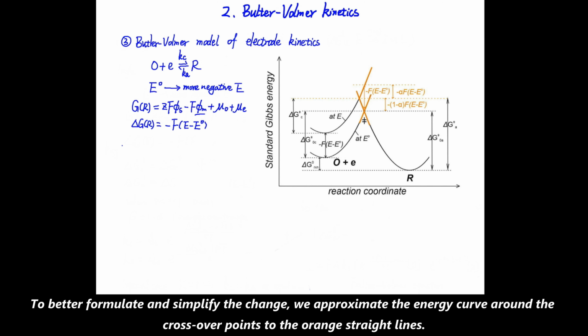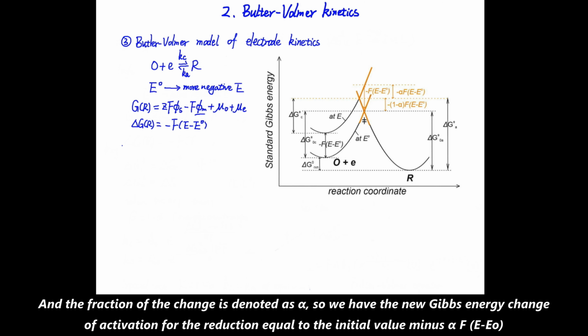To better formulate and simplify the change, we approximate the energy curves around the crossover points to the orange straight lines, and the fraction of the change is denoted as alpha. So we have the new standard Gibbs energy of activation for the reduction equal to the initial value minus alpha F times the potential difference.